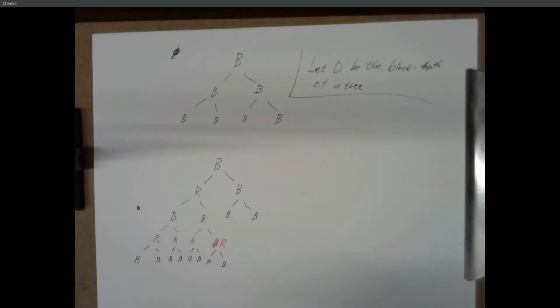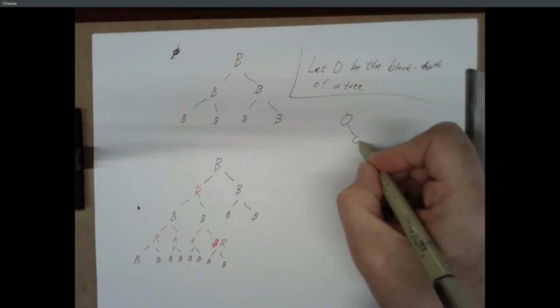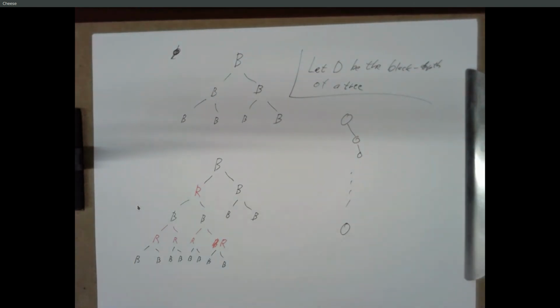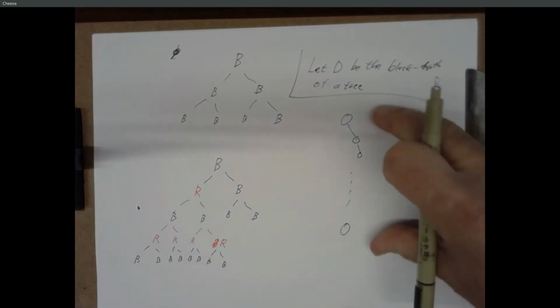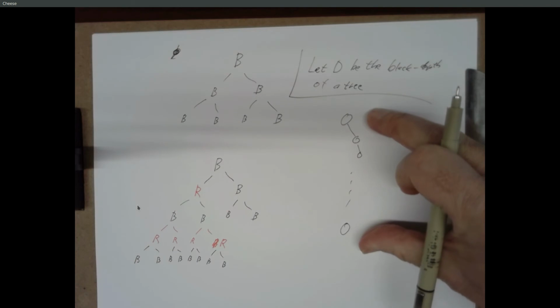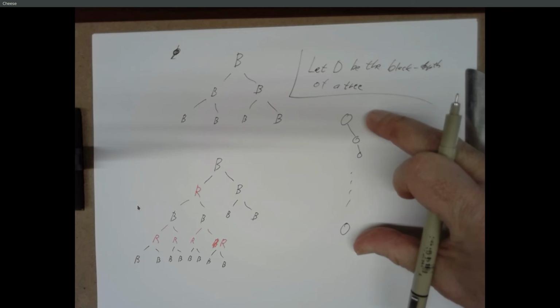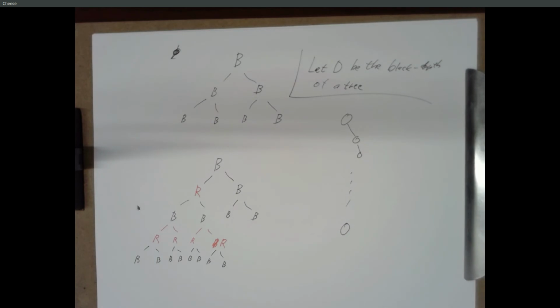So in terms of total number of nodes, ignoring the color, what's the shortest possible number of nodes I could have that would still be a valid red-black tree? So shortest path from a root, following nodes down until I get to a leaf, and the black depth is D. What's the fewest number of nodes that I might find ignoring color? It's a slightly silly question, but we're working on definitions here, so it may not be obvious.